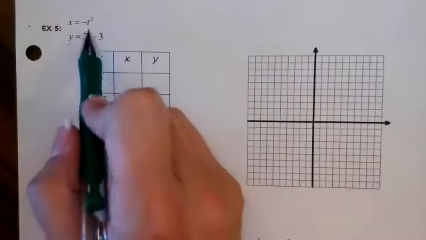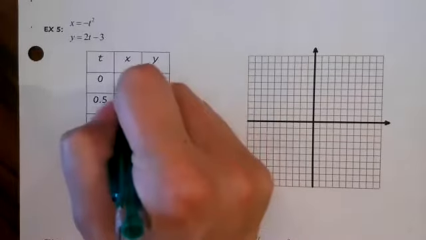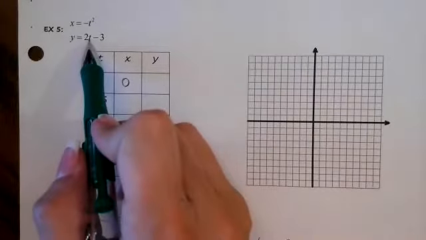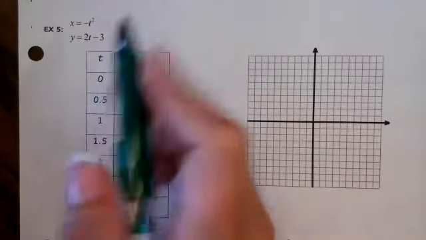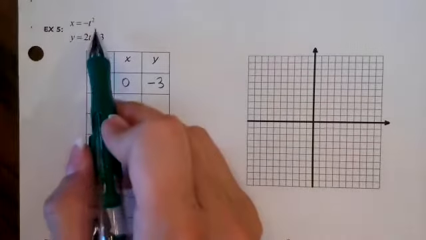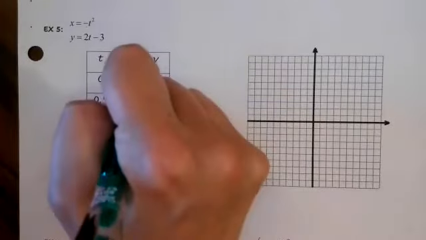So you would plug in 0 for the t there, and that would be 0 squared and negative, which is 0. You would plug in 0 for the y, and so 0 times 2 is 0, minus 3 is -3. And that would give you our first point. 1/2, I would plug in there, 1/2 squared is 1/4 times the negative is -1/4.